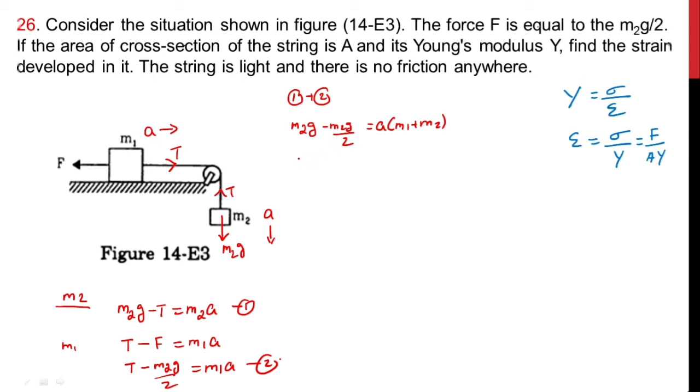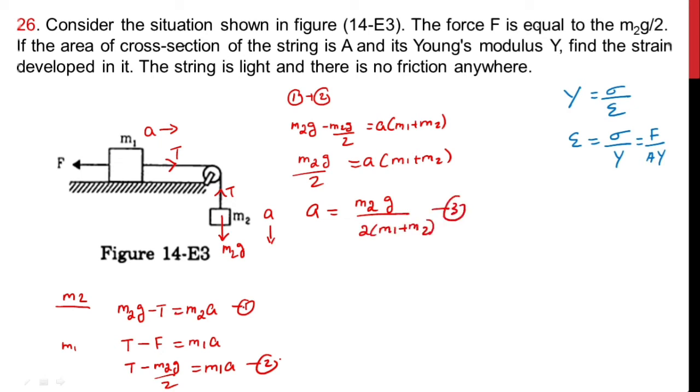So that is M2g by 2 equal to a into M1 plus M2. So we got the equation for acceleration: a is equal to M2g divided by 2 into M1 plus M2.